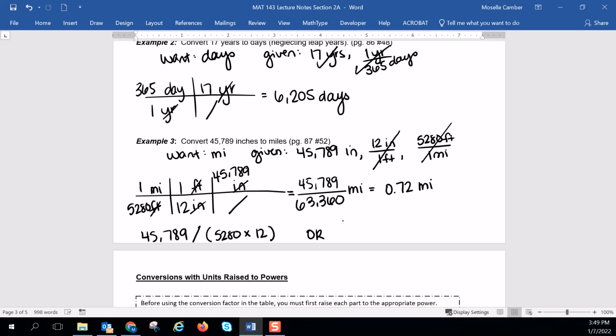Or you take 45,789, divide it by 5,280, and you get that answer, and then you take that answer and divide it by 12 again. So let's see, what is the answer? 45,789 divided by 5,280 is 8.672. And then in your calculator, if you just hit divided by 12, it'll fill in the answer for you.